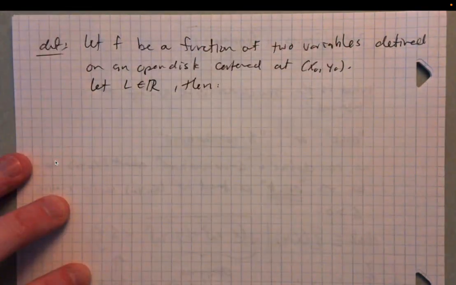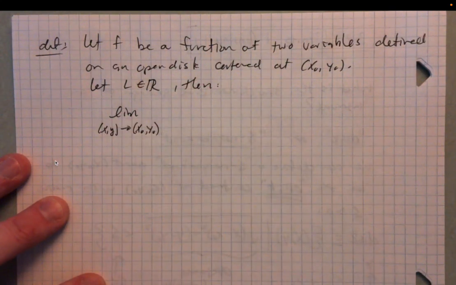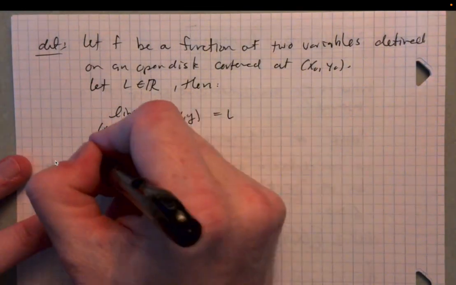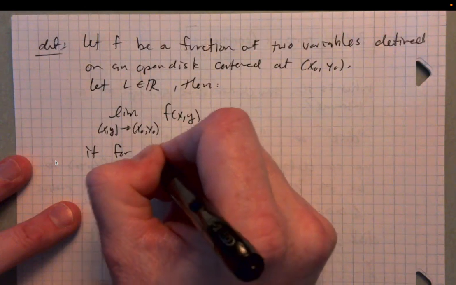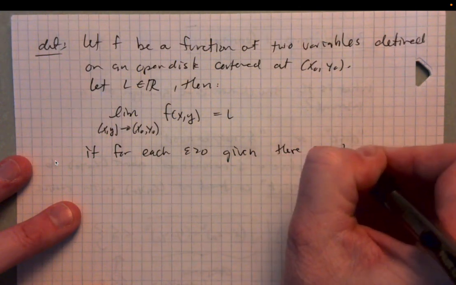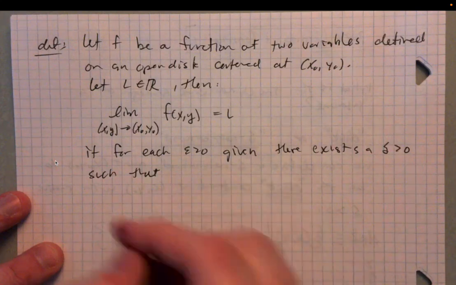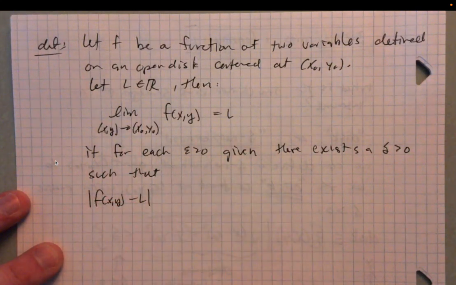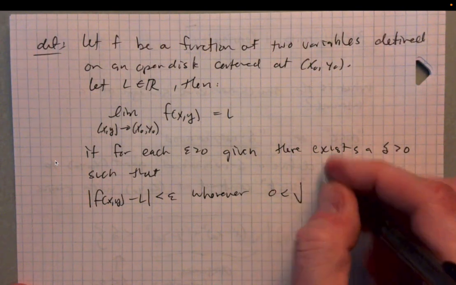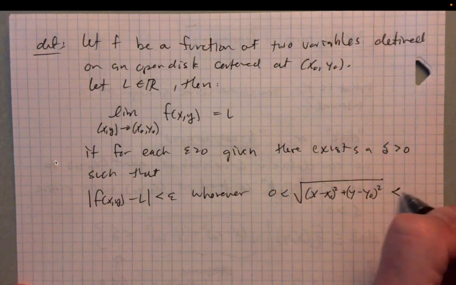Right, so here's the definition. The limit as (x,y) approaches (x0,y0) of the function f(x,y) is equal to L if for each epsilon greater than 0 given, there exists a delta greater than 0 such that |f(x,y) - L| is less than epsilon whenever 0 is less than the distance, the square root of (x - x0)^2 + (y - y0)^2, and that needs to be less than delta.